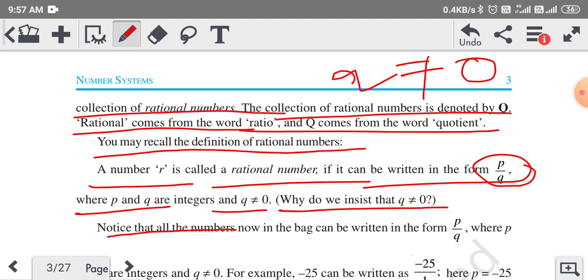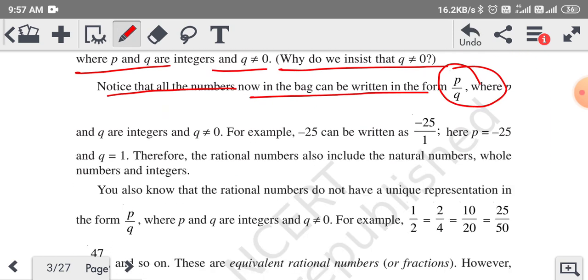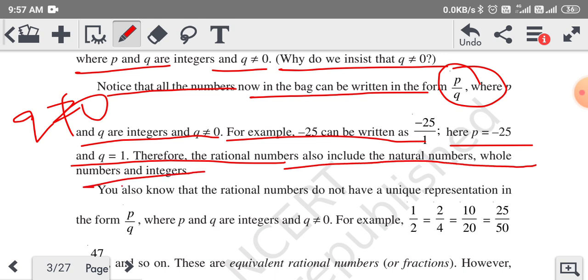Notice that all the numbers now in the bag can be written in the form p upon q, where p and q are integers and q is not equal to 0. For example, minus 25 can be written as minus 25 by 1. Here p is equal to minus 25 and q is equal to 1. Therefore, the rational numbers can also include the natural numbers, whole numbers and integers.